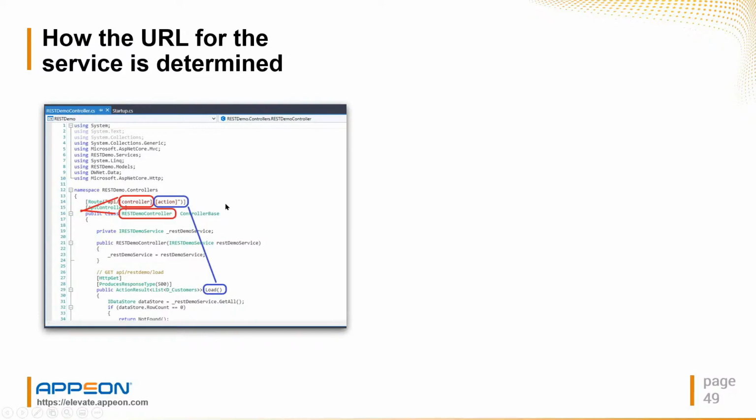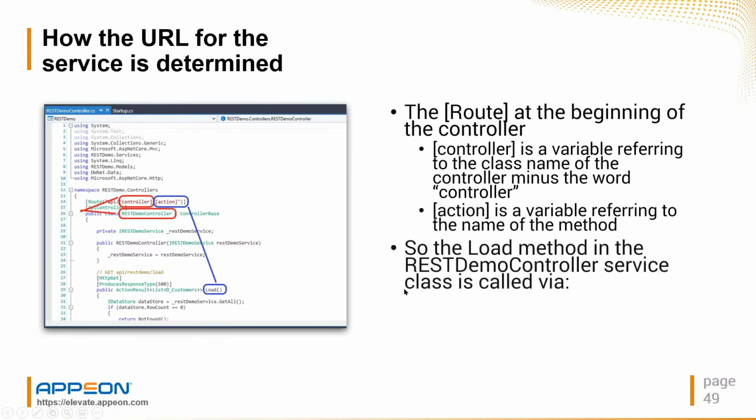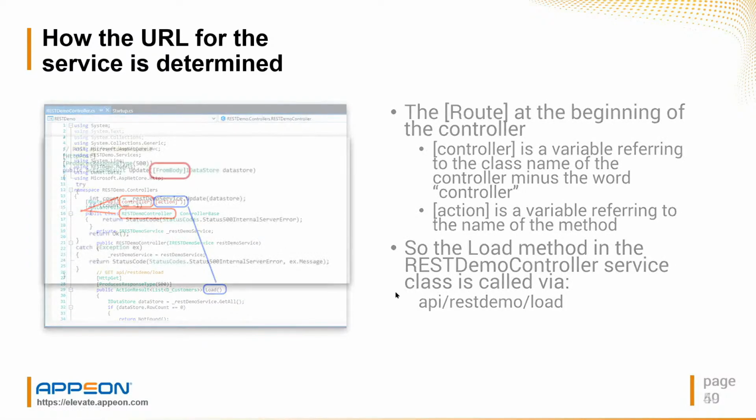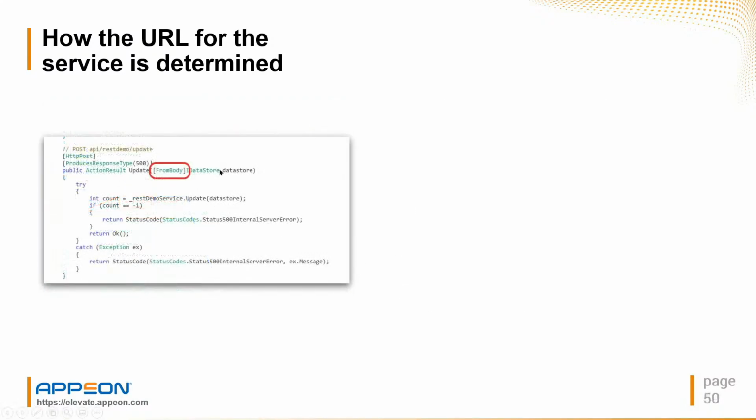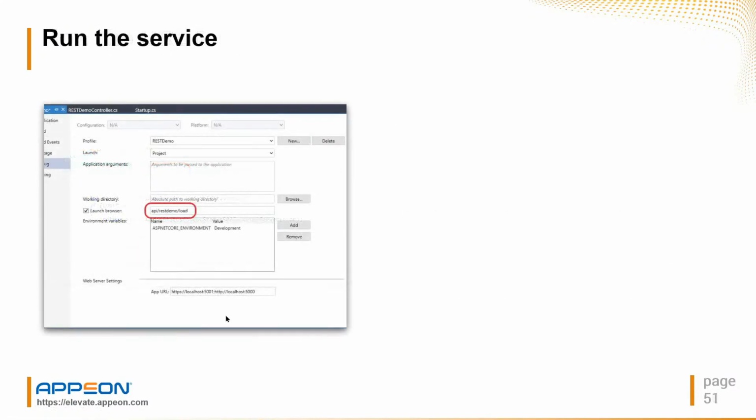So that's how it knows what URL it needs to listen for requests on. I mentioned this earlier, but the FromBody you don't actually have to have there, but if you decide to use Swagger to document the service, then it helps Swagger.